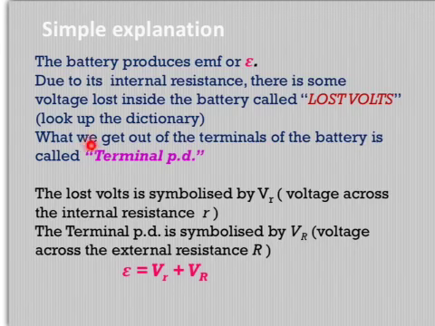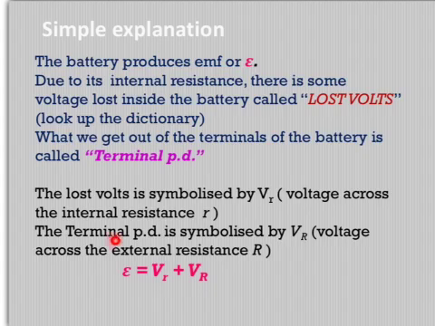This first paragraph is really a summary of what I already explained on the previous slide. Let's look at the second paragraph. It says the lost volts is symbolized by V_r, or the voltage across the internal resistance, small r.